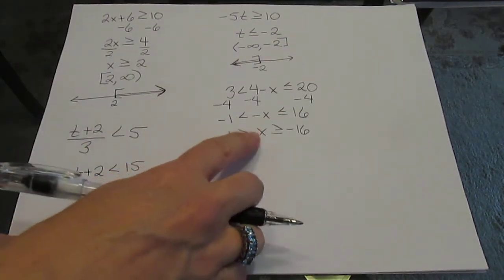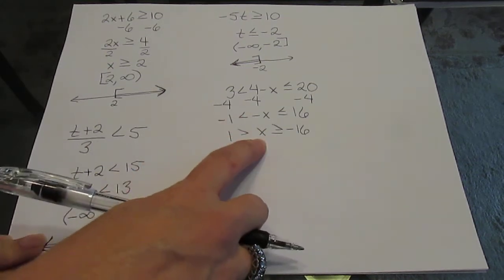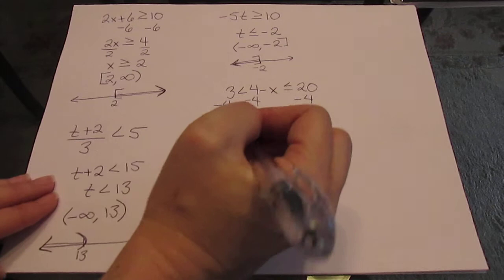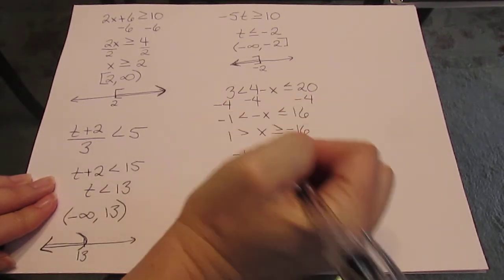Now we're ready. We've got x by itself. This is the answer, but we want to put it in interval notation. These are actually easier when you have a number on both sides. Just make sure you put the smallest number first. Remember, you're always starting with the smallest part. So we're going to put the -16 first.